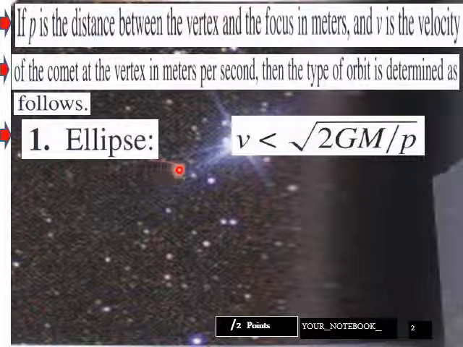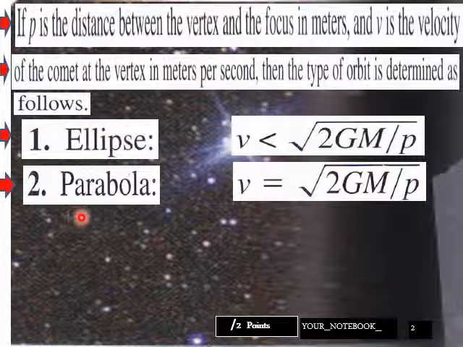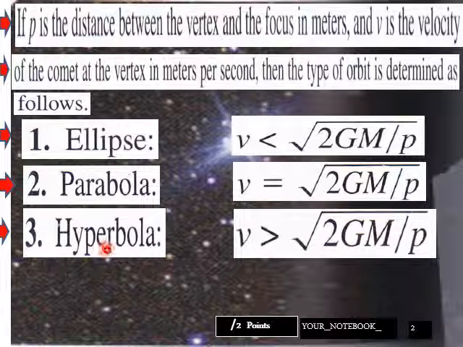So for an ellipse, V is less than radical 2GM divided by P. A parabola would be V equals radical 2GM divided by P. And for a hyperbola, V would be greater than radical 2GM divided by P.